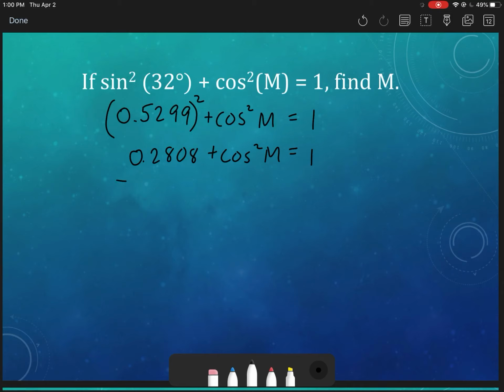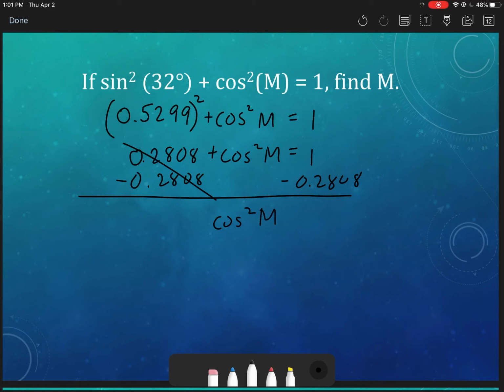We're going to subtract 0.2808 from both sides. Cosine squared m equals 1 minus 0.2808, and we're going to get 0.7192.